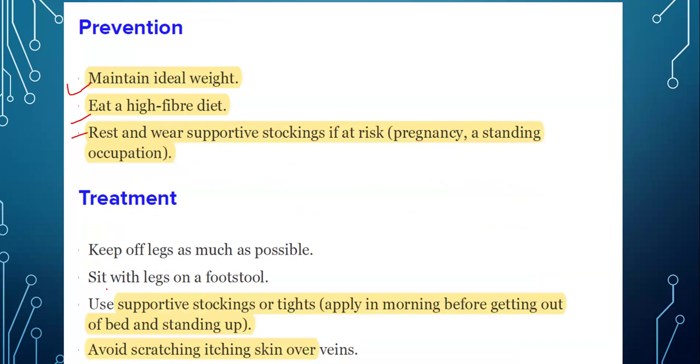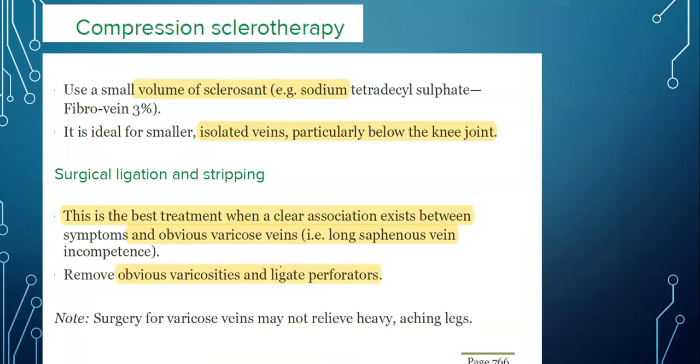The treatment. First of all, if you suspect a patient has varicose vein, you can also get an ultrasound to know how bad it is. If it is not that bad, the initial treatment is supportive stocking, which is compression stocking. And that's usually the main treatment.